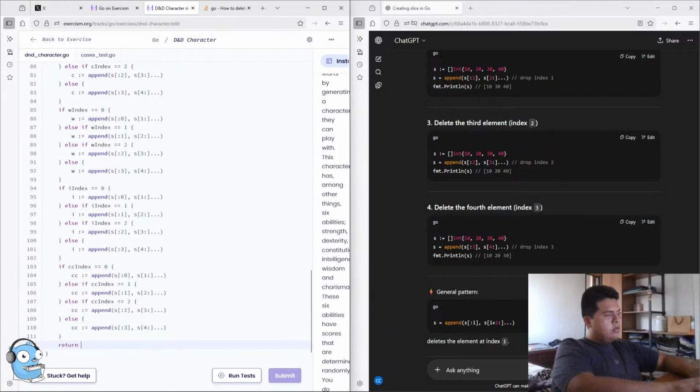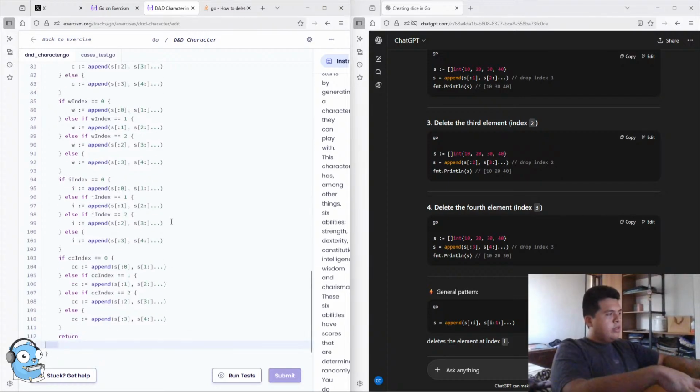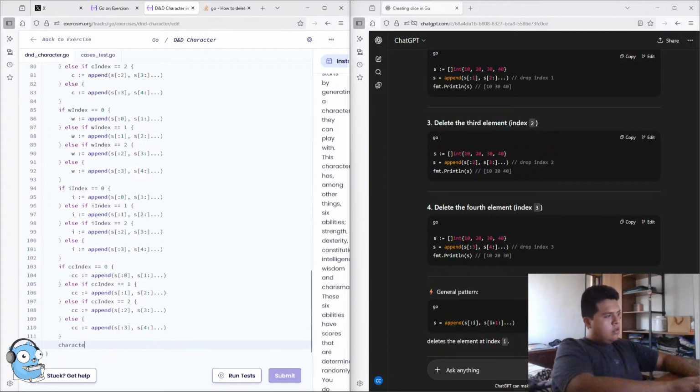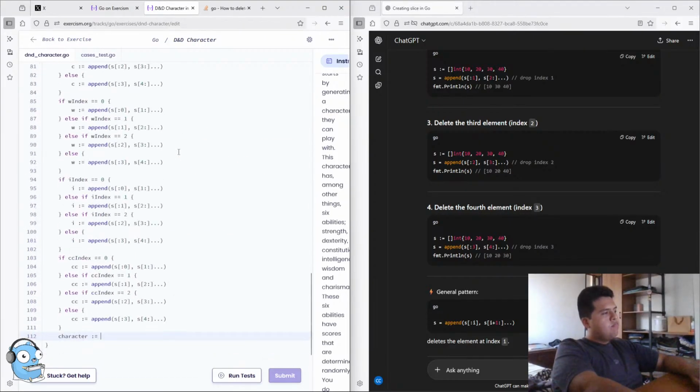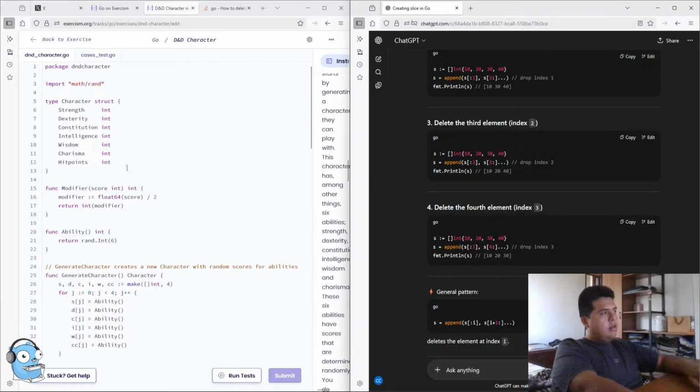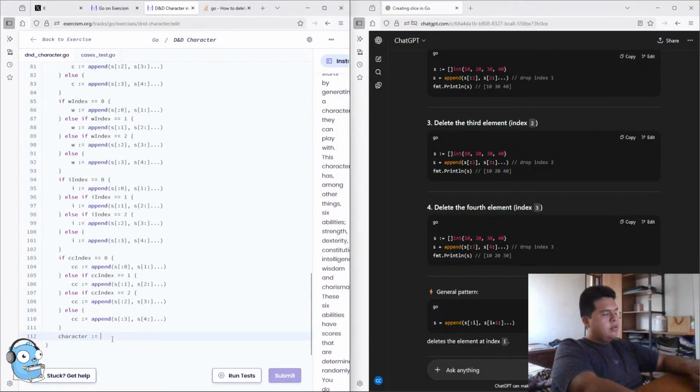And return. Okay, I need to make a character equals to... I don't remember how to create a new variable from type.